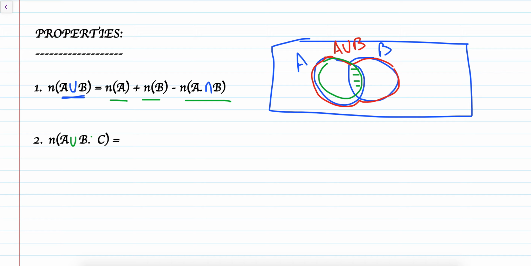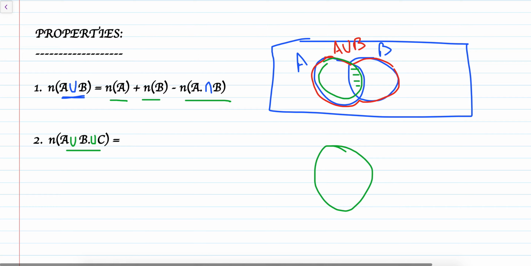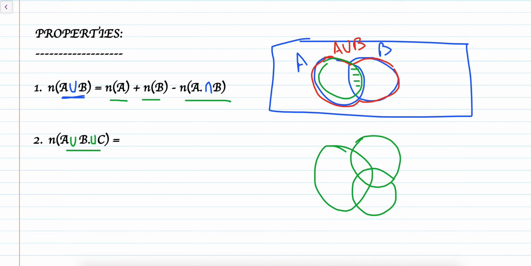So this time we have three sets and we are finding the number of elements in A union B union C. So similarly we will have three sets and A union B union C represents this region. So we have to count the number of elements in this.